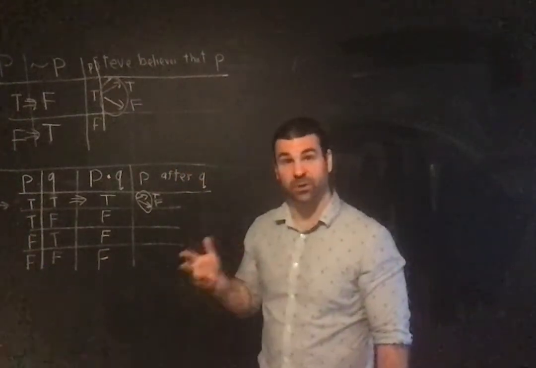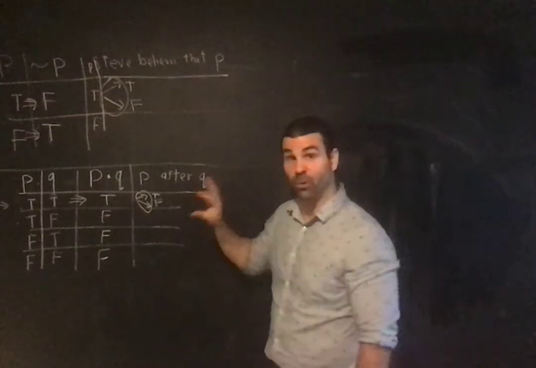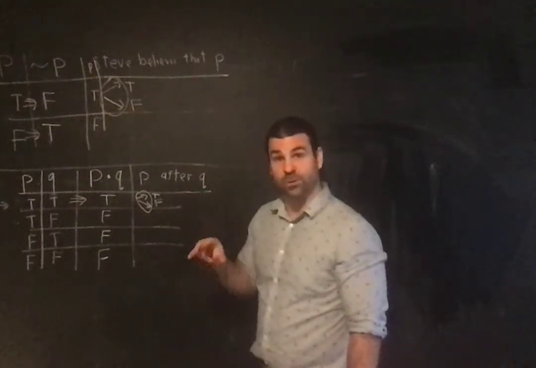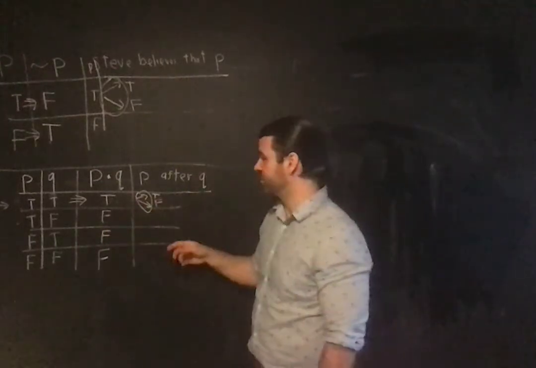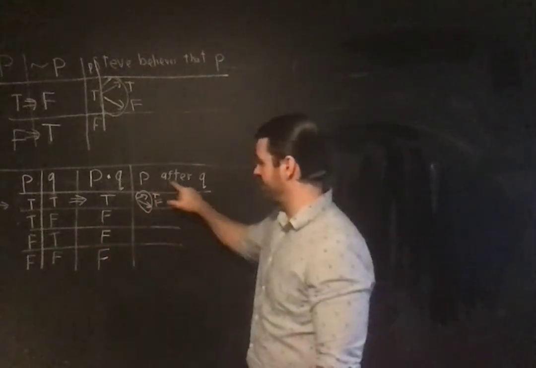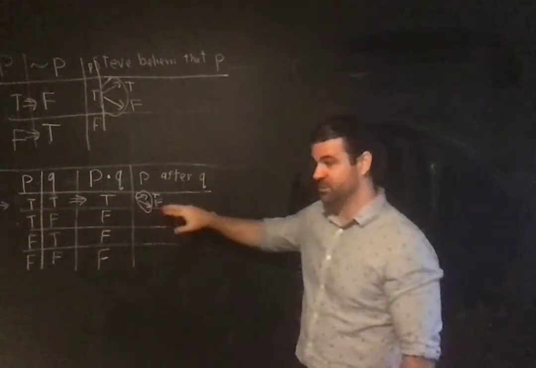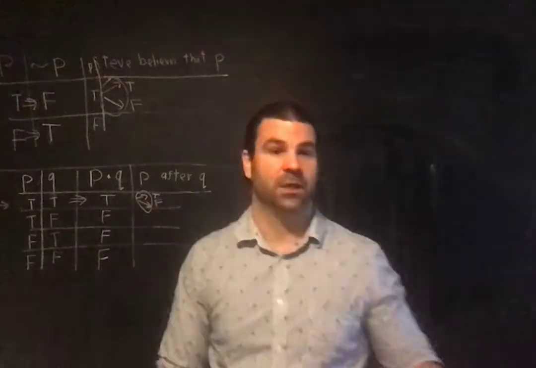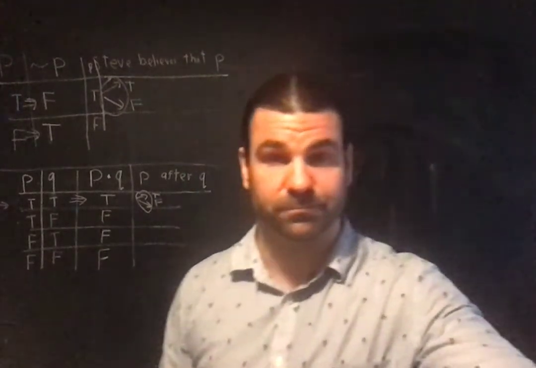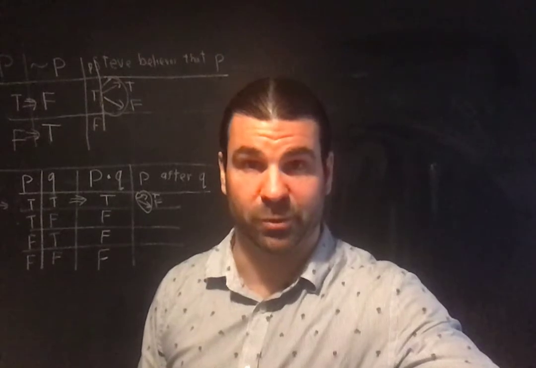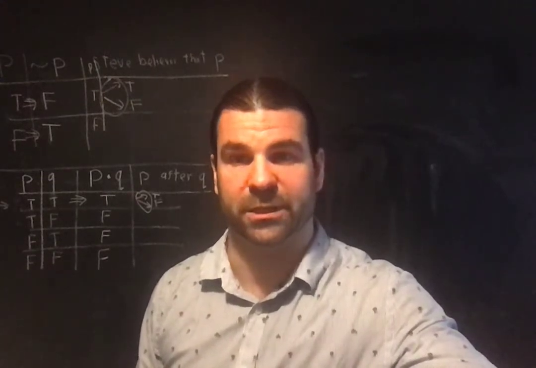The actual content of the sentences, or in this case the order of the sentences, can also affect the truth value. So P after Q is not truth functional. Sometimes two true inputs lead to true, sometimes two true inputs lead to false. So that should give you a good handle on truth functionality.